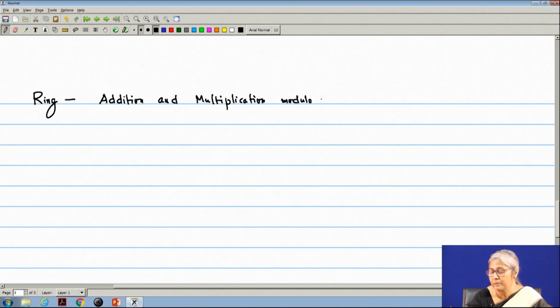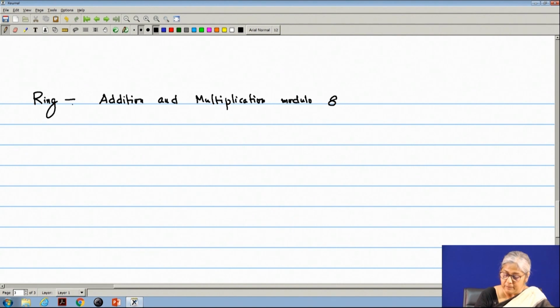What we have shown is that under multiplication modulo 8 it is a ring, but when we looked at the operations, addition and multiplication modulo 8, we saw that the multiplicative inverse does not exist for all the elements.